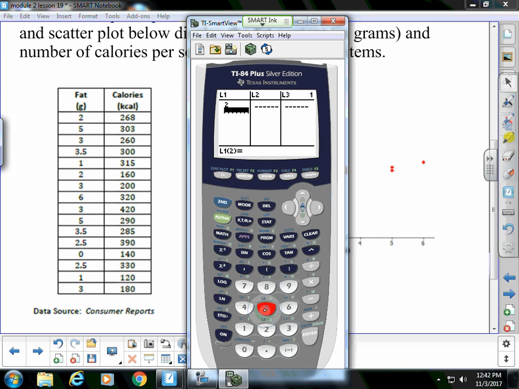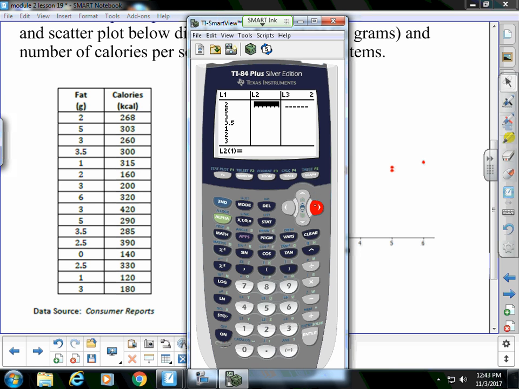So 2, 5, 3, 3.5, 1, 2, 3, 6, 3, 5, 3.5, 2.5, 0, 1, and 3.